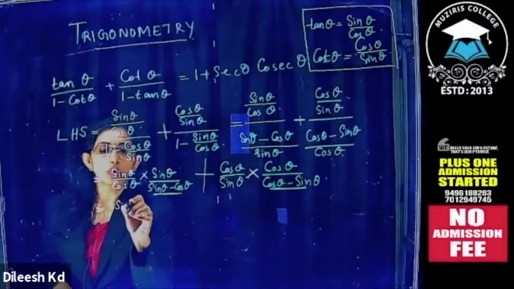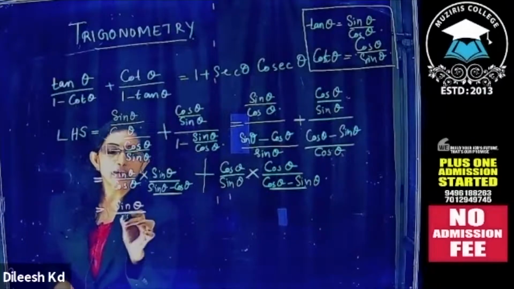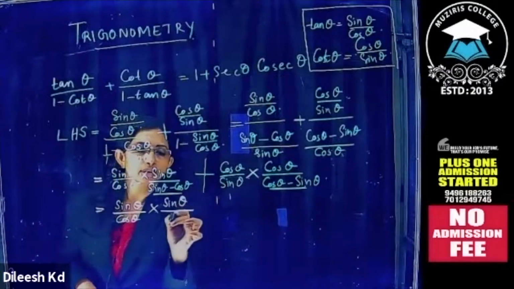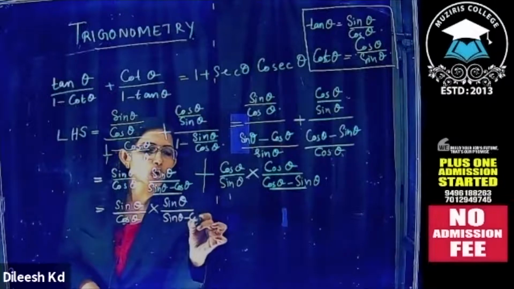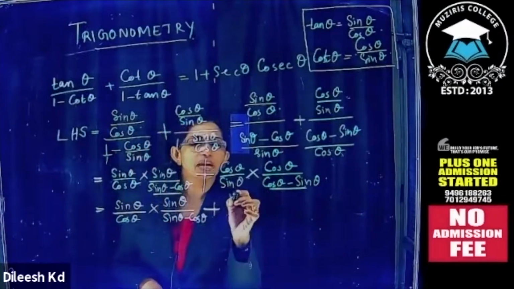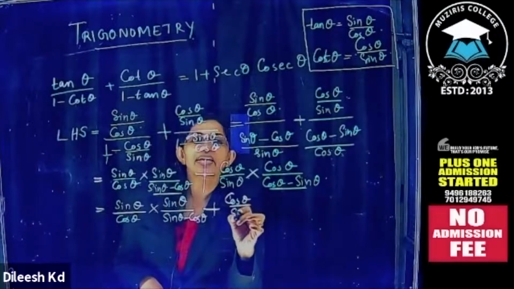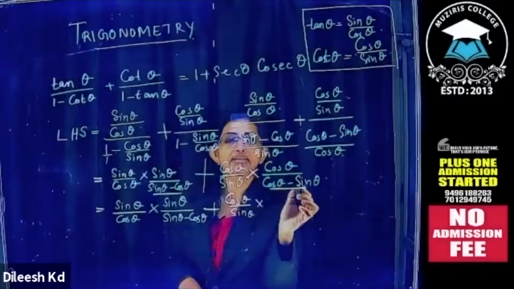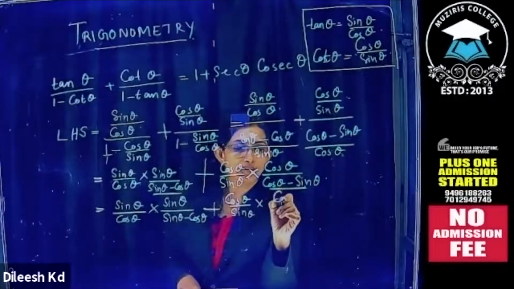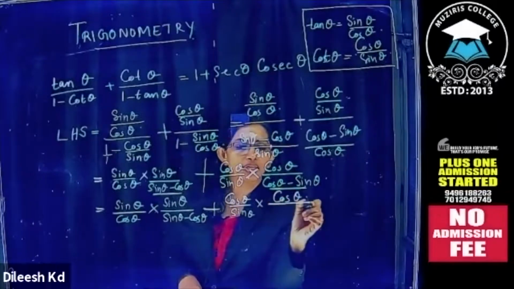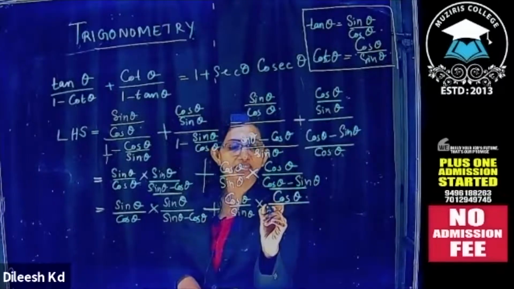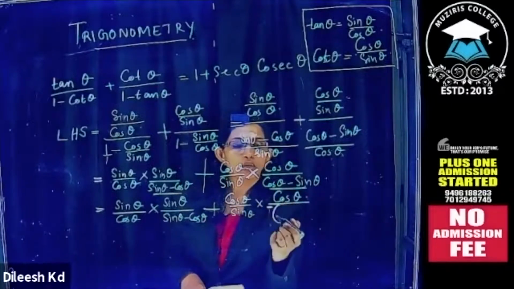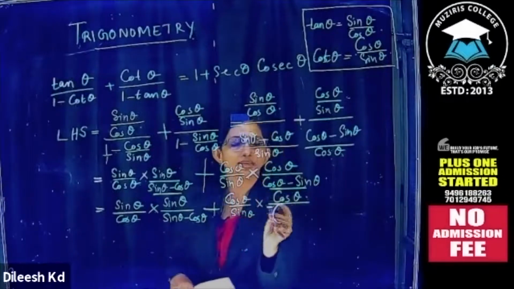So this is equal to sin theta divided by cos theta. See, the first time I am not changing the first term. It is sin theta divided by sin theta minus cos theta plus this will become cos theta divided by sin theta into, what is this? I told you I am going to take a negative from this term. So the numerator is cos theta itself. From the denominator, I am taking a minus outside. I am writing that minus at the top side because this is a product term. In order to differentiate that, I am taking that minus to here.